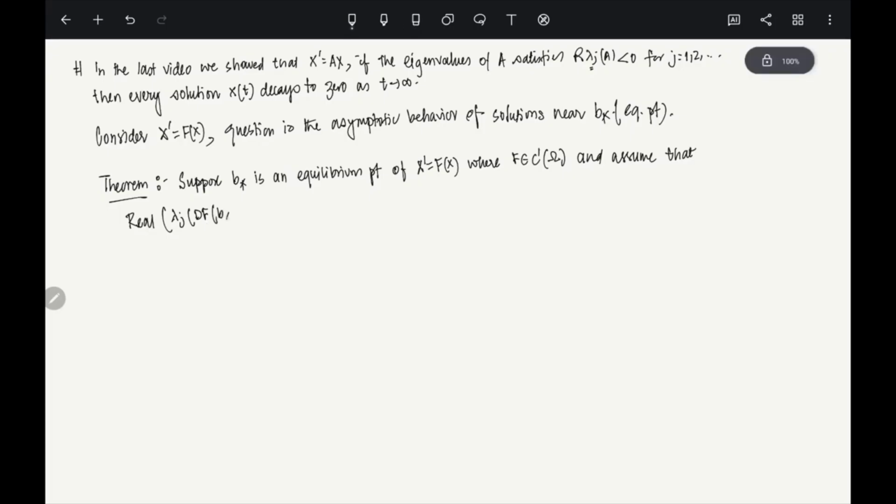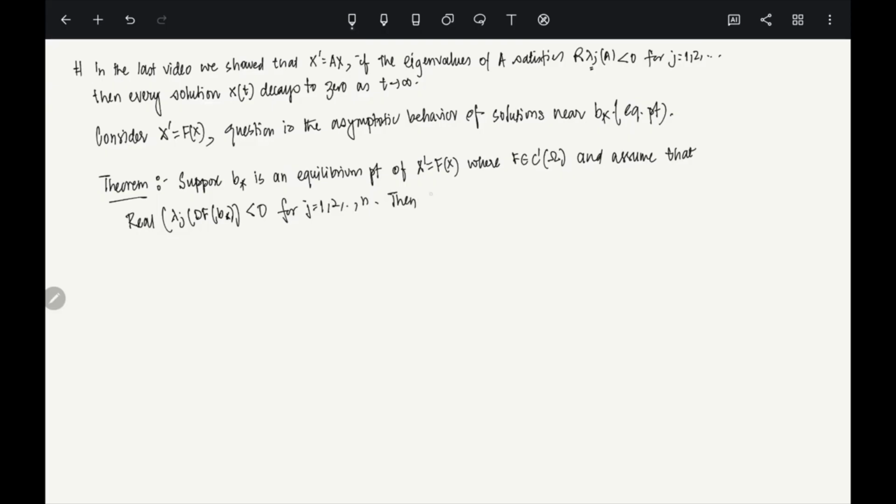Since f is a C1 function, df is defined. df at b star is a linear map, so basically it's a matrix, and we can talk about the eigenvalues of the matrix. Let's say lambda j are our eigenvalues. Now look at the real parts of those eigenvalues. If they are negative, for j equals 1 to n, then what we can say is this.